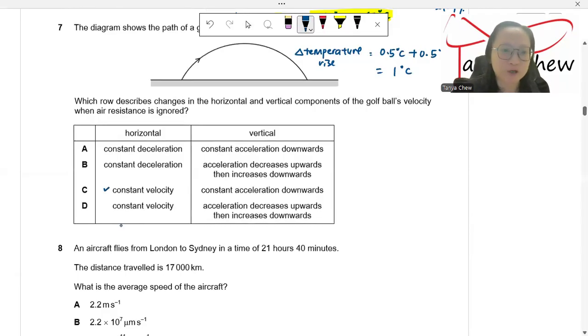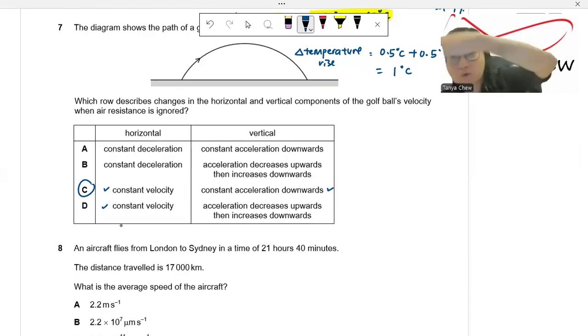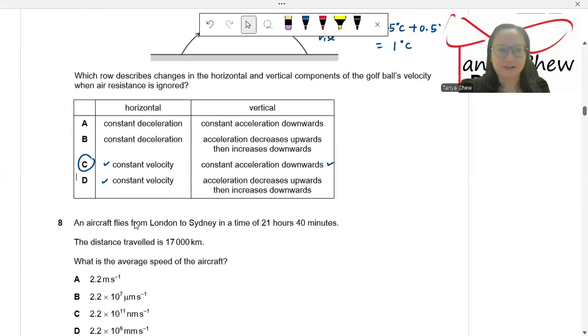So it is either C or D, whereas for vertical, the acceleration must be constant, which is C. Due to the horizontal velocity being constant, added with vertical acceleration being constant, you get this type of motion. We call it curve motion or projectile motion.